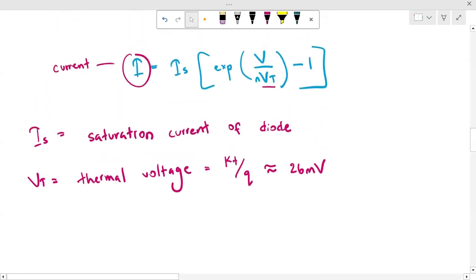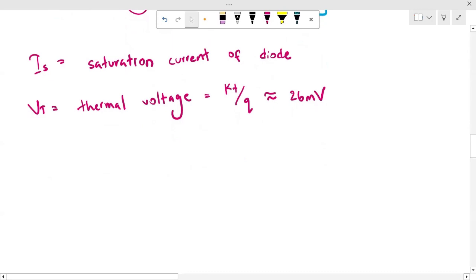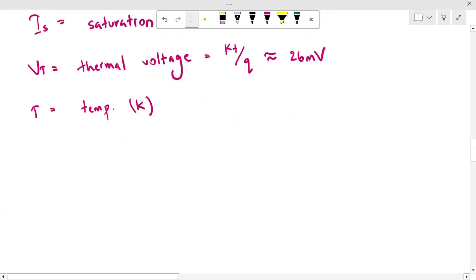Then T, in that Vt, is the temperature, which is supposed to be in Kelvin, the SI units.